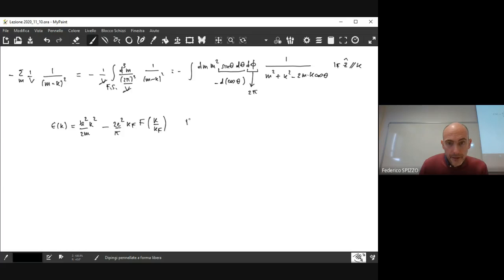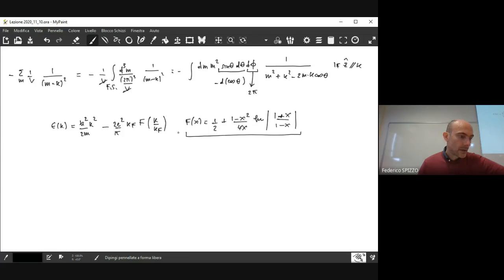The expression of f is the following: 1/2 plus (1 minus x squared) divided by 4x times the logarithm of the modulus of (1 plus x) divided by (1 minus x). Next week, I will discuss what happens due to this function.